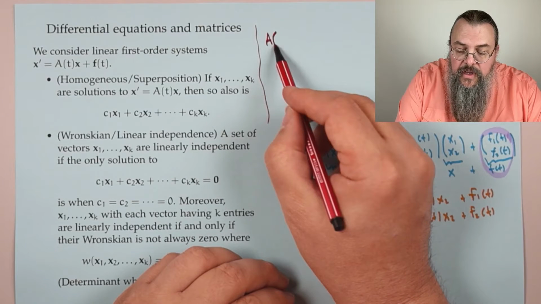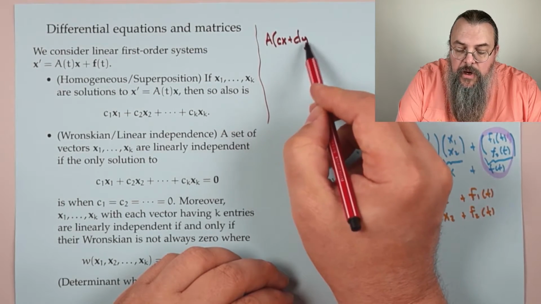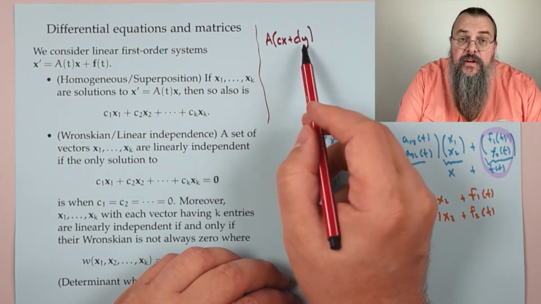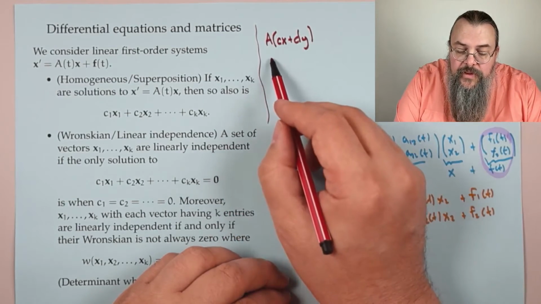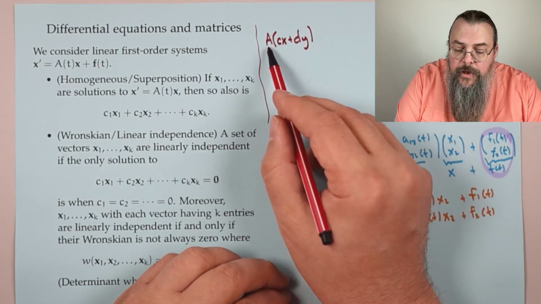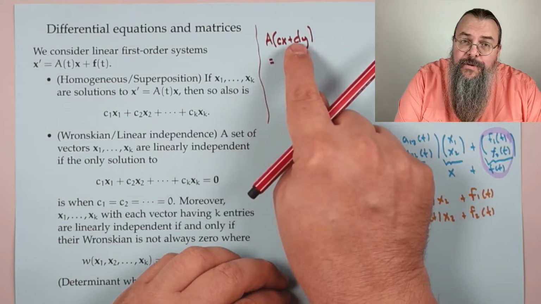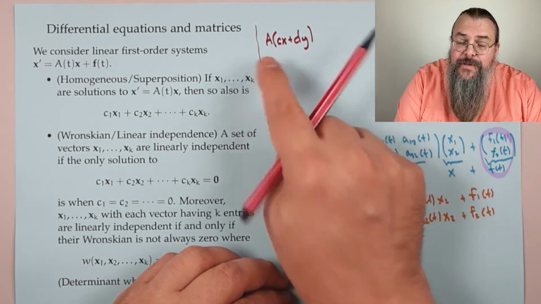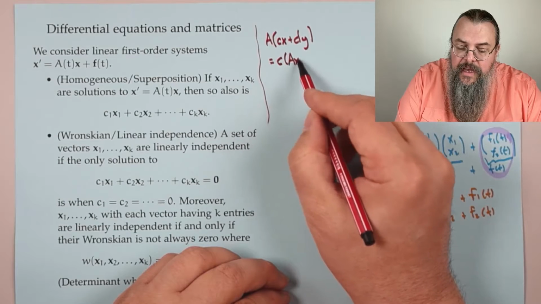If I have a matrix A, scalar c, x is a vector, scalar d, y is a vector. So c and d are numbers, x and y are vectors. Then A times (cx plus dy) is the same as c A x plus d A y, because matrix multiplication is linear, which means it works well with addition and with scalars.